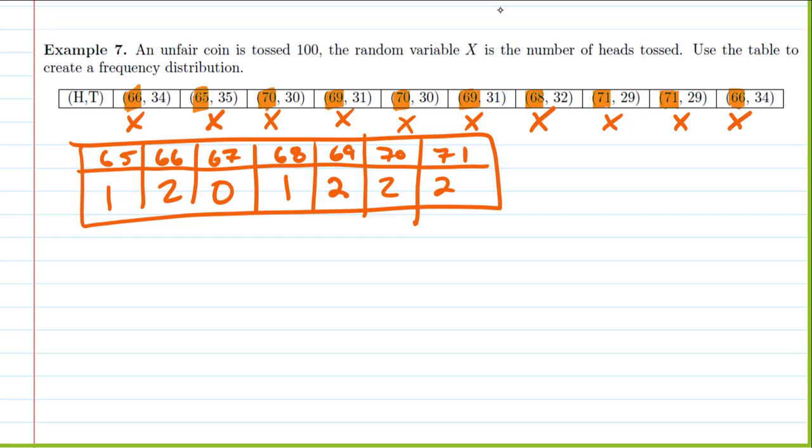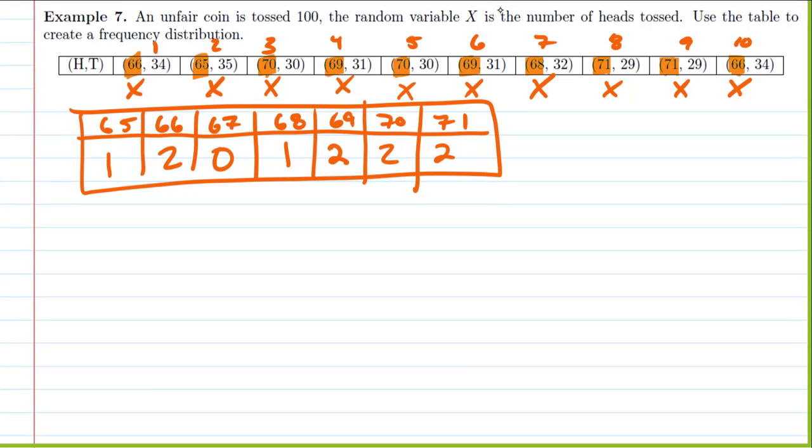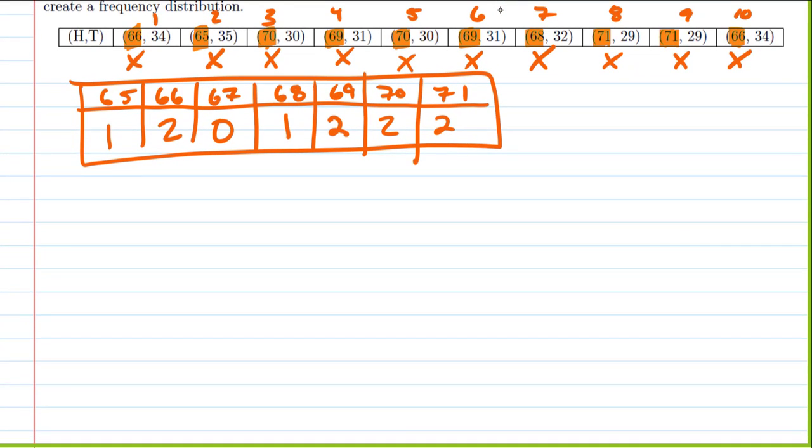How many events were in our sample space? Well, how many times did we toss the coin? 1, 2, 3, 4, 5, 6, 7, 8, 9, 10, right? So then, that is our frequency chart, but we want a frequency distribution. So then we would have to divide each of these by the number of experiments.